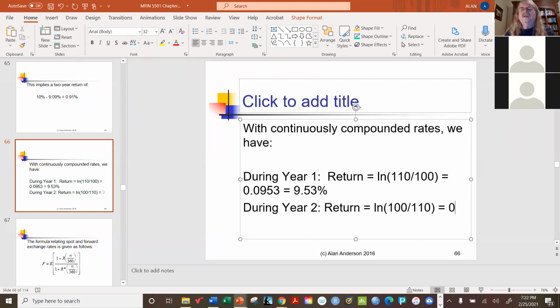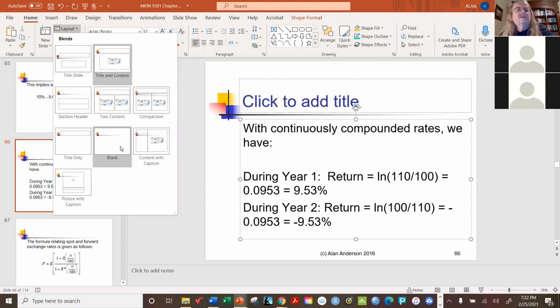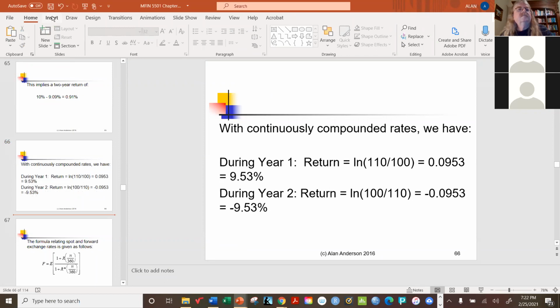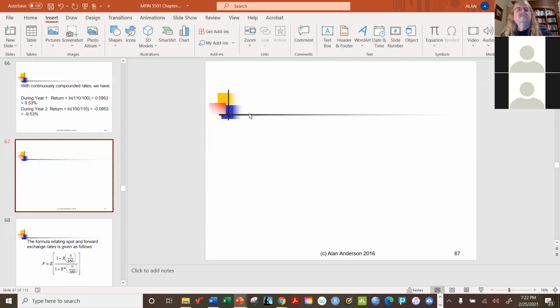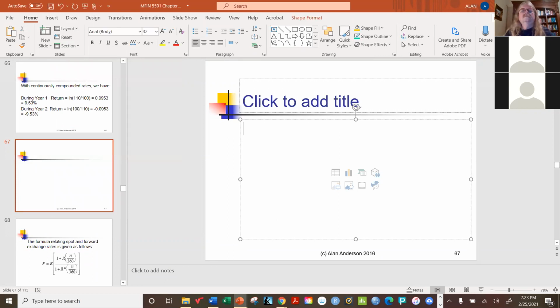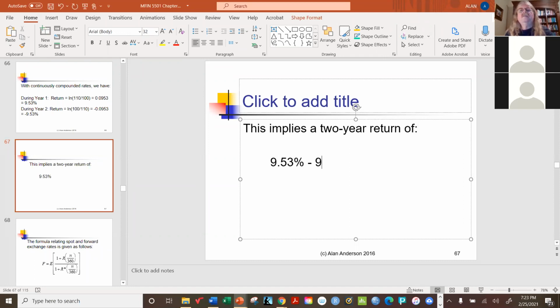So this is going to be negative 0.0953, or negative 9.53%. So you can see the total 2-year return in this case, 9.53% minus 9.53%, equals 0%.